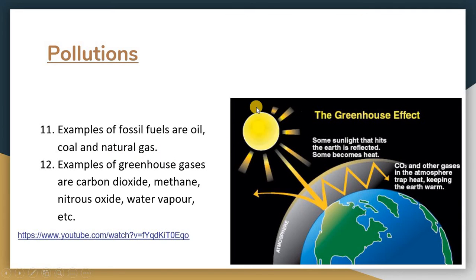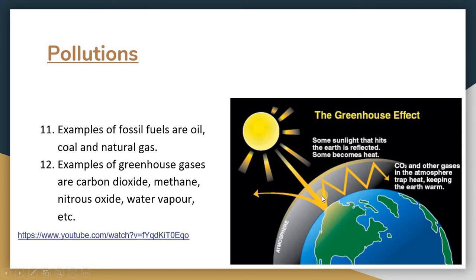So how does the greenhouse effect work? I'm just going to give a really brief example here. If you look at this diagram here, this is the sun. The sun will actually emit heat energy. All right. So the sun's heat will actually reach the earth.